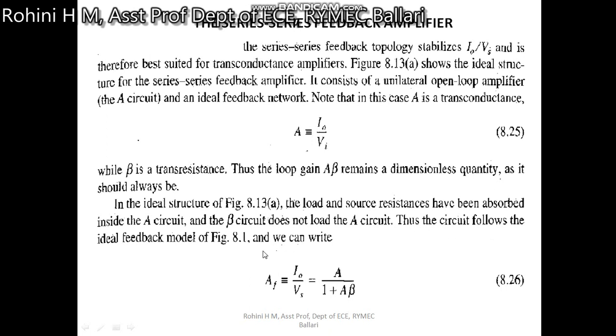Thus the circuit follows the ideal feedback model. Therefore we can write, as in the basic feedback network, the gain of the amplifier Af as A divided by 1 plus A beta, which here is given as I0 by Vs, the current drawn for the voltage that is provided.